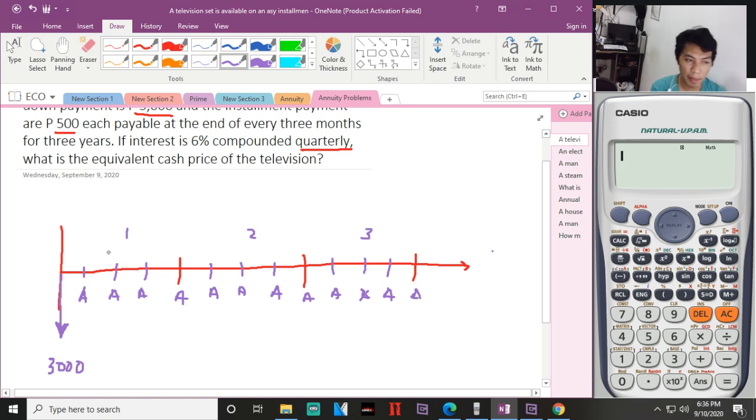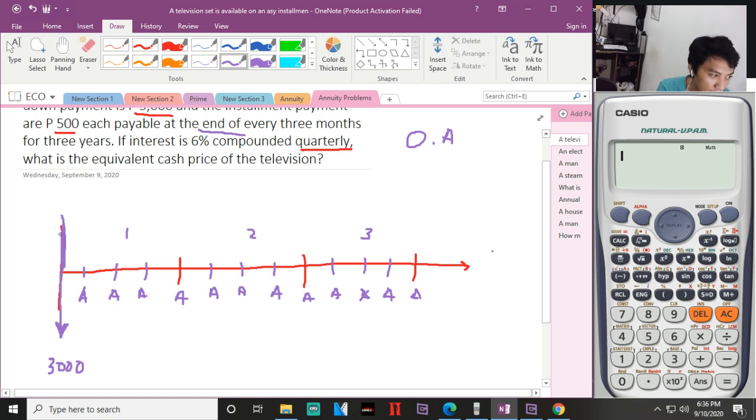Now, you have equal payments na. Ngayon, yung equal payments na yon, ibig sabihin, at the end, ito yung keyword para malaman natin siyang ordinary annuity siya at the end of every payment term. So, ang sabi dito, at the end of every 3 months. So, quarterly.